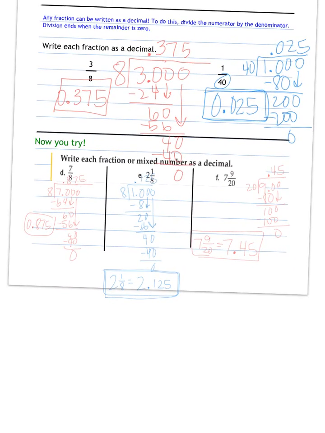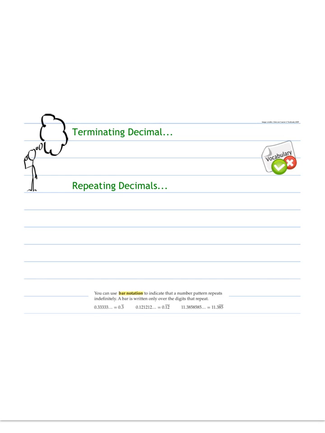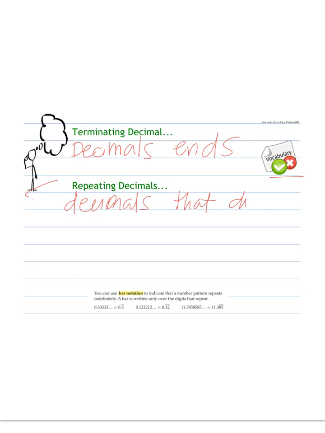All right. Some vocab here for you to think about. Terminating decimals. Terminating means end, so it's when the decimal comes to an end. Whereas repeating decimals are decimals that do not end, or they keep going on and on and on.